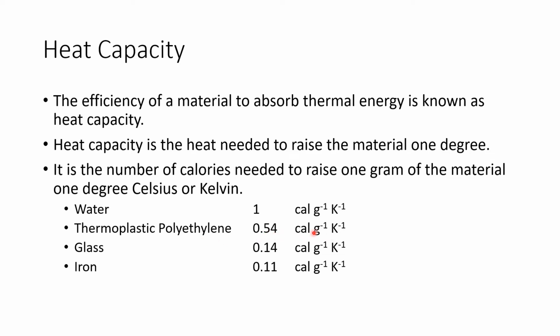Glass, you need 0.14 calorie. Iron, you need 0.11 calorie, only a little bit, because iron is a pretty pure metal. So we call that the efficiency of these materials to absorb thermal energy.